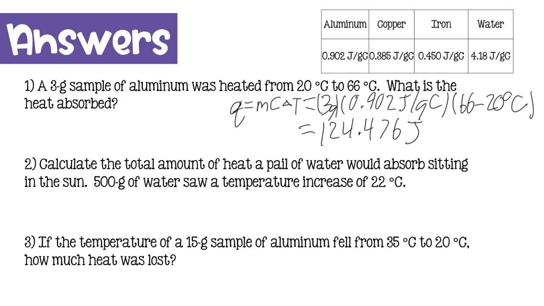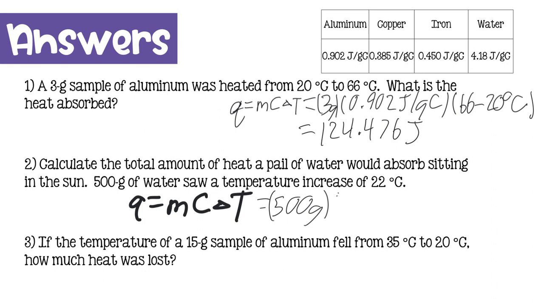Now let's calculate the total amount of heat a pail of water would absorb sitting in the sun. 500 grams of water saw a temperature increase of 22 degrees Celsius. So once again, we're going to calculate Q for heat equals m mass times c specific heat capacity times delta T. So we know that Q is what we're looking for, the heat. m is the mass, or 500 grams. c is the specific heat capacity, which for water is 4.18 joules per gram degree Celsius.